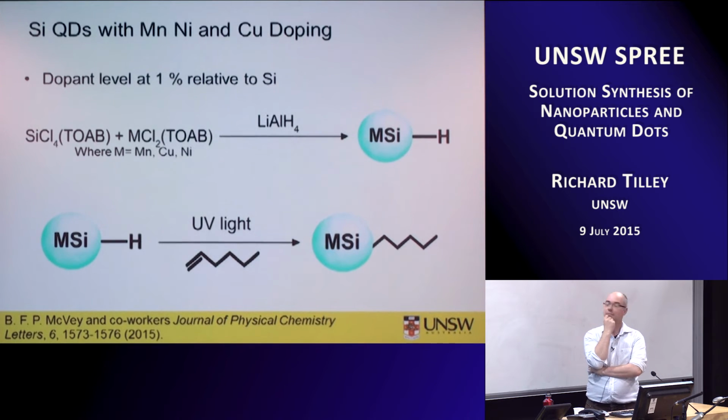So we put in some manganese, some nickel, some copper. Again, it was quite easy to do. You take your silicon tetrachloride, you can just put in some metal chloride and do your reduction, and then you'll dope your dots. And as I said, we then take our silicon hydrogen bond and react it with a carbon double bond to passivate the surface.